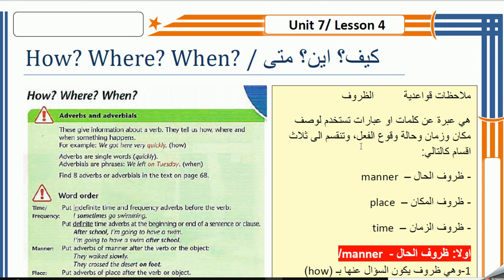Here I will explain in Arabic to clarify some points for you.